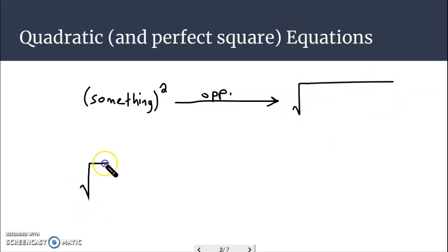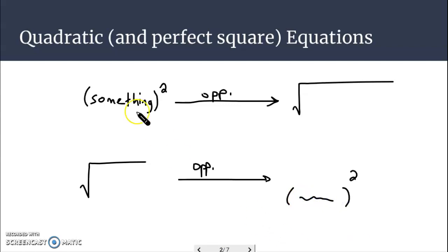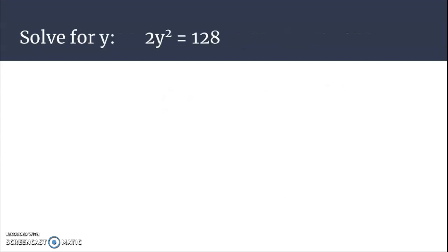Likewise, if you have the square root of something, the opposite of that would be to square it. And then we have something squared. So we use the first one here. A lot of our equations today are going to have something squared, and we're going to undo them by taking the square root. Let's start off with this example.